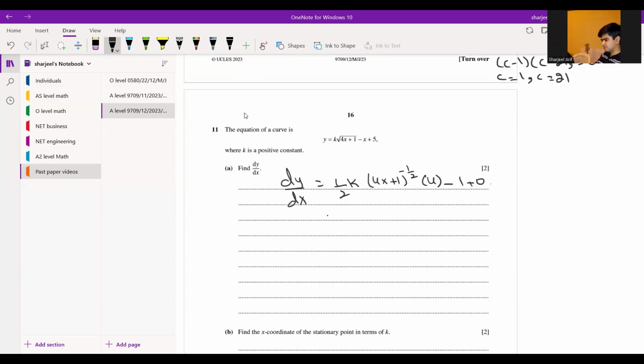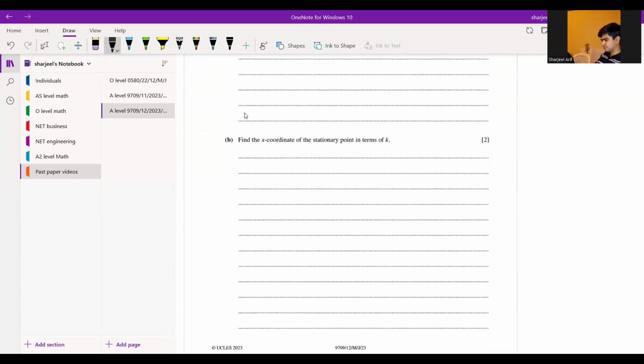So we will further simplify it, 2 twos are 4. This will become 2k over (4x + 1) to the power 1/2, minus 1. That's our answer.